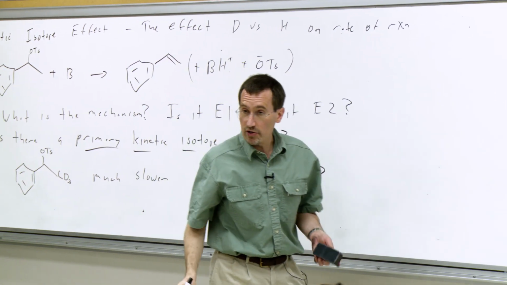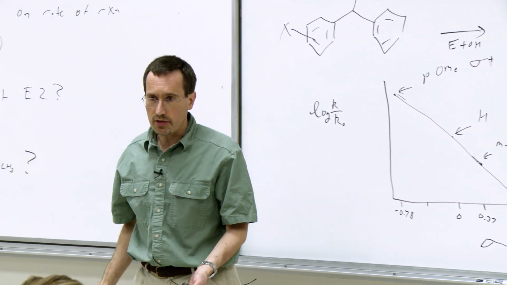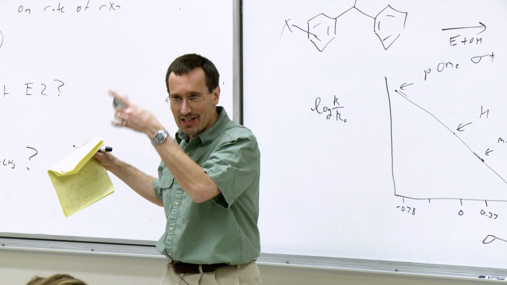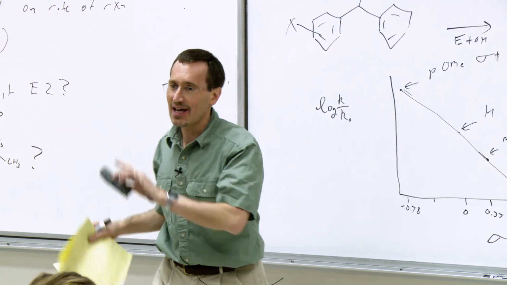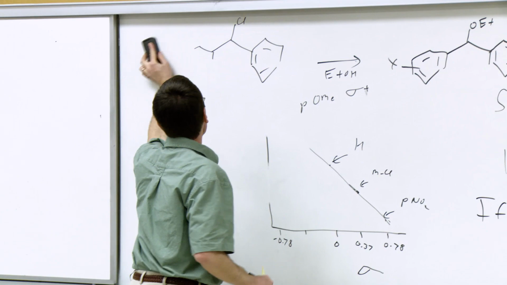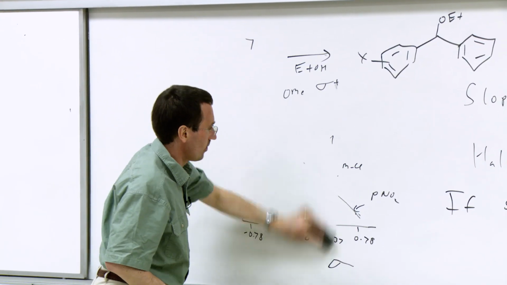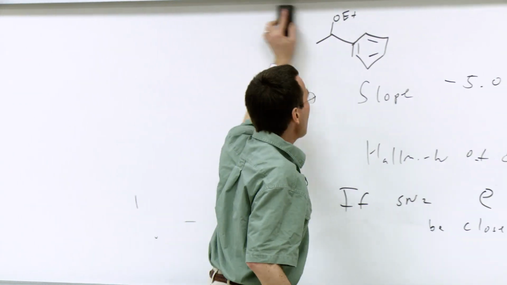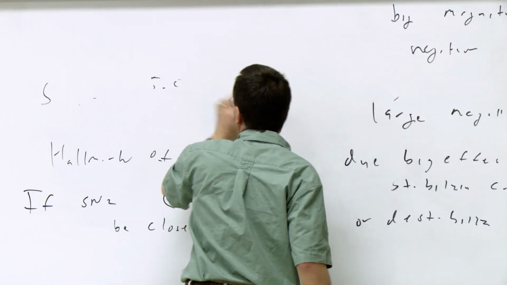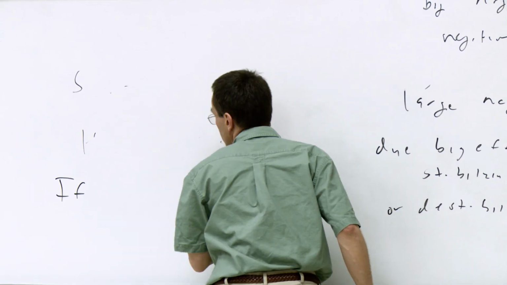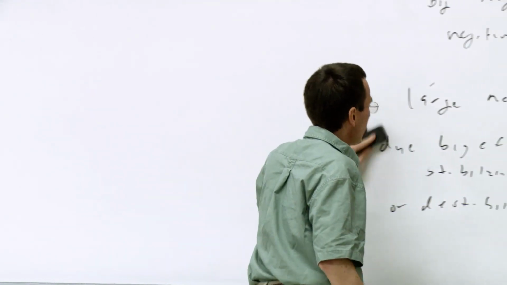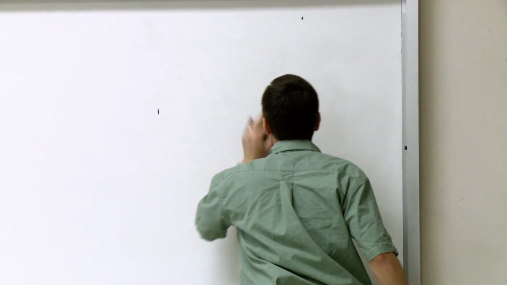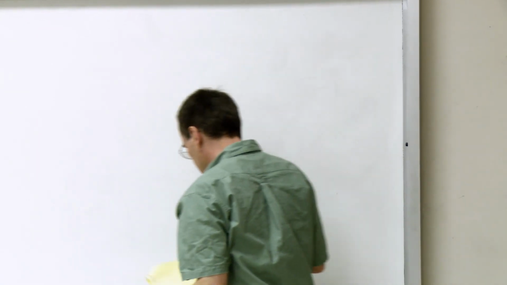I don't have the answer for you, but that's something you could easily measure. You just set up a competition. You put equal parts of the deuteromethyl compound and the protomethyl compound in a flask, in some solvent with some base, and you let the reaction run, and you periodically measure the concentration of the styrene that has the deuteriums in it and the styrene that has the protons in it, and you calculate the rates for each, and you compare the two rate constants.